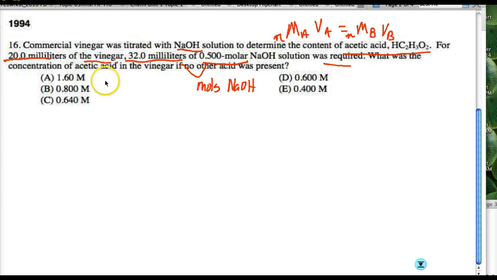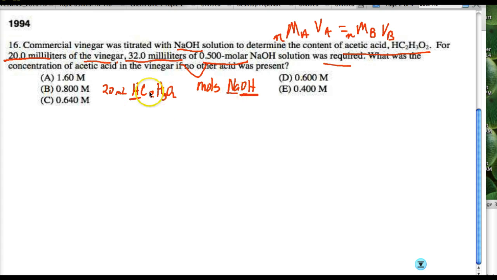Okay, so you have 20 milliliters of the vinegar. So you can write that as HAc, acetic acid, we'll just go with this. All right, so now I am going to need to know what this relationship is. If you look at this, you have one hydroxide and one hydrogen.